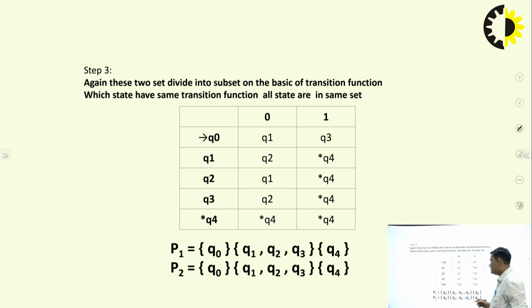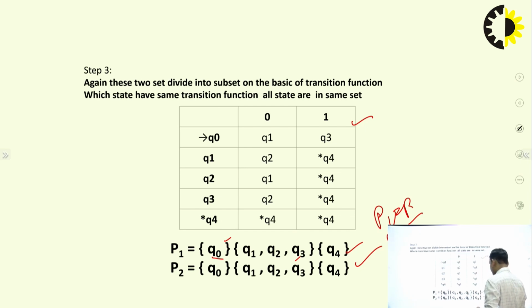Step number 3 is the transition table. The P1 equals P2, the final equivalence partition.